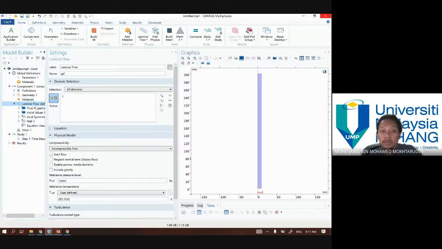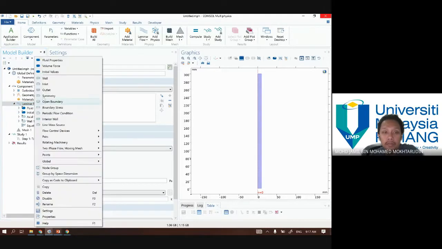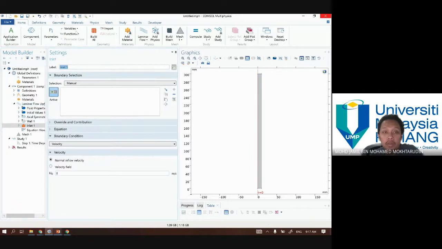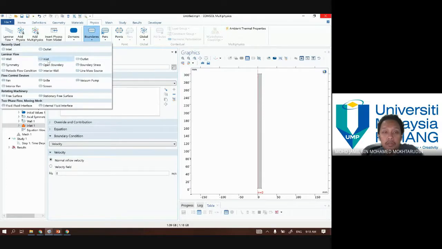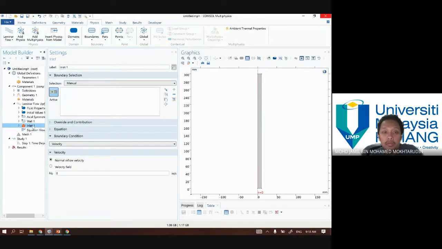And then we need to define the inlet. By default, there is no inlet given to you. So you need to choose from right click, inlet, or you can go to physics tab on top and go to boundaries, inlet. The tutorial says apply on the top of the rectangle.